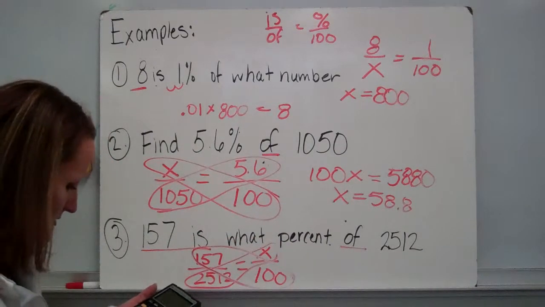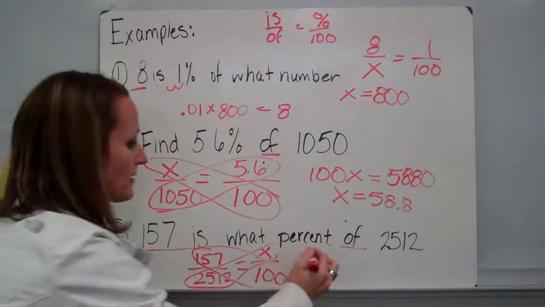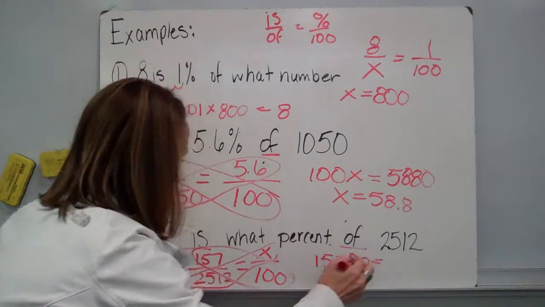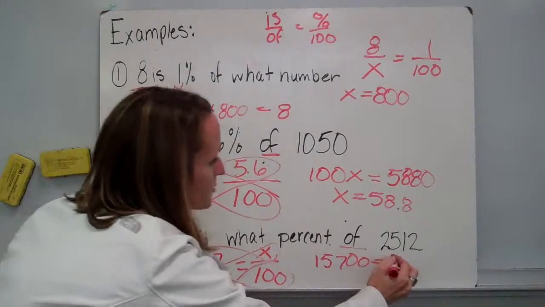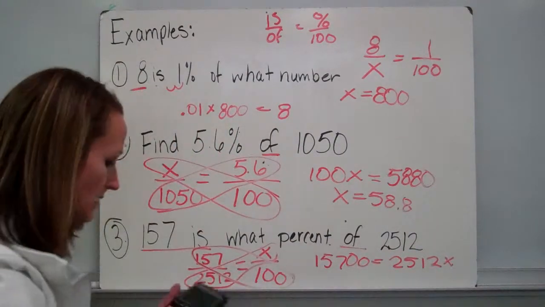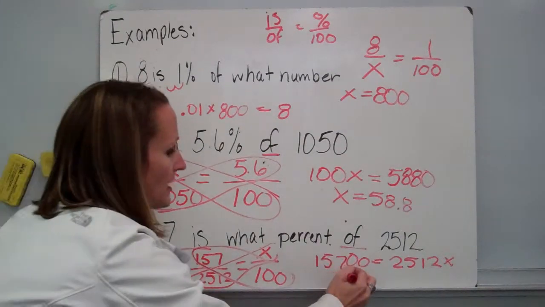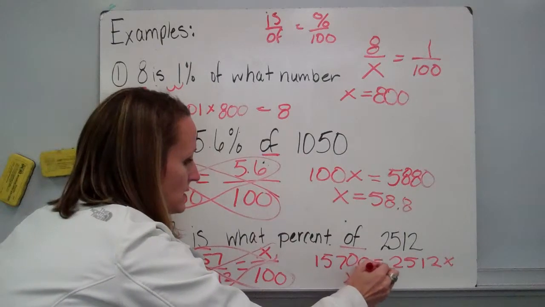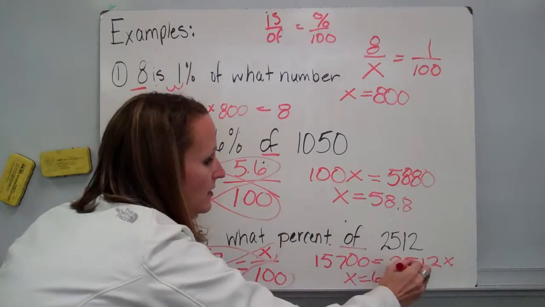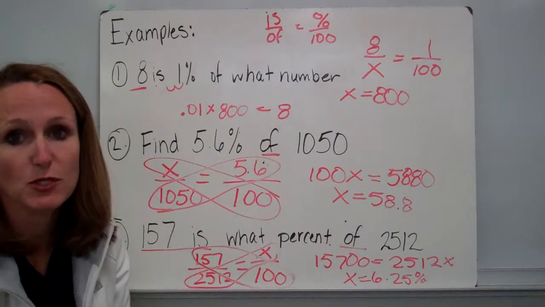I'll do this one in my calculator. 2512x. Definitely not going to divide that one in my head. I find out that x equals 6.25%. And that is how you use the percent proportion.